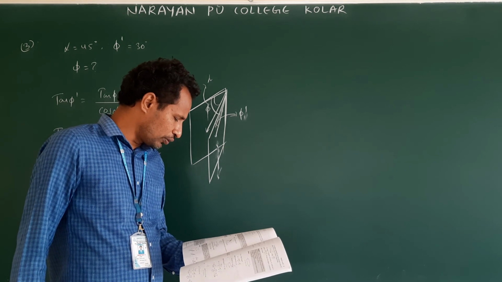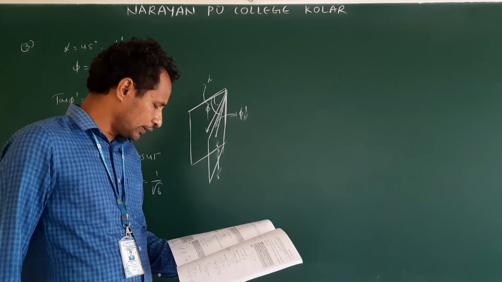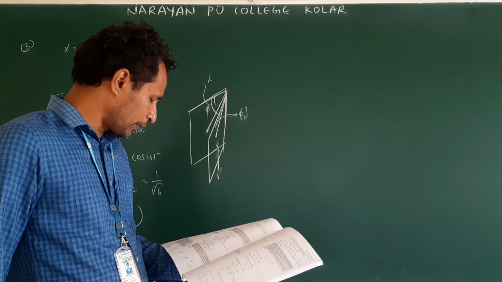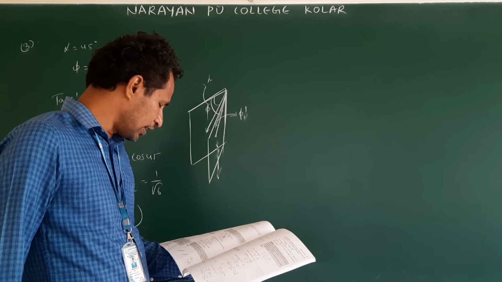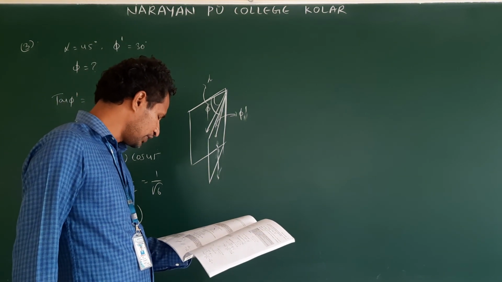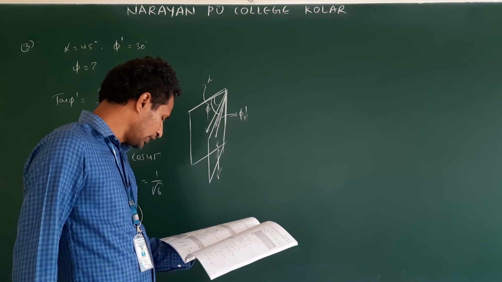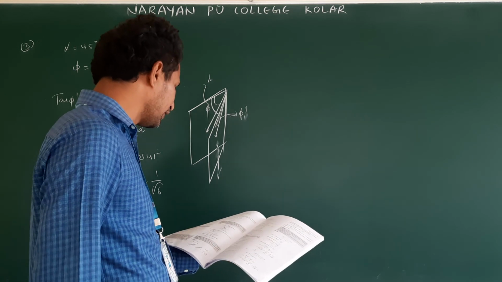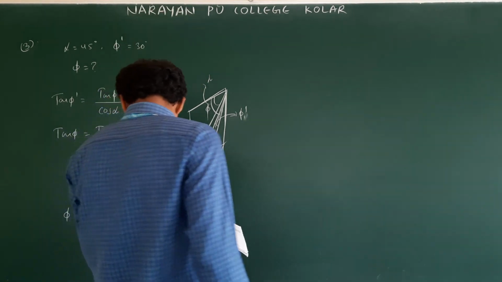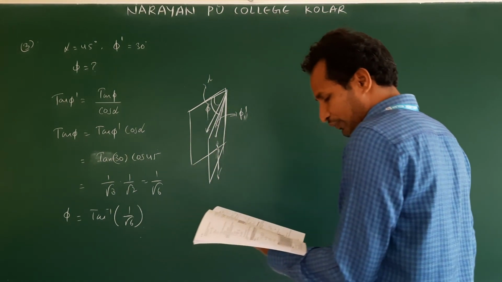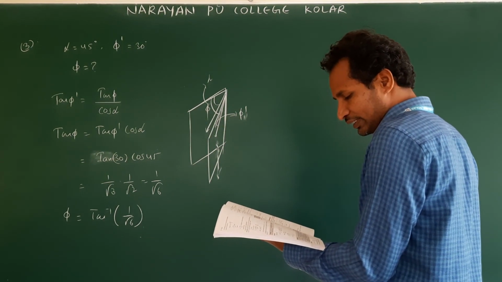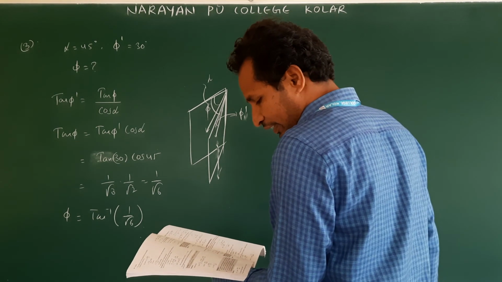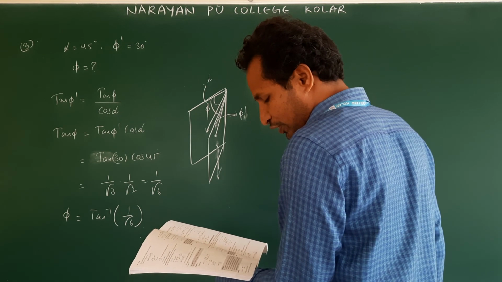Next, fourth example problem. A magnetic needle free to rotate in a fixed vertical plane stays in a direction making an angle of 60 degree with the horizontal. If the dip at that place is 45 degree, find the angle of the fixed vertical plane with the meridian. Clear?